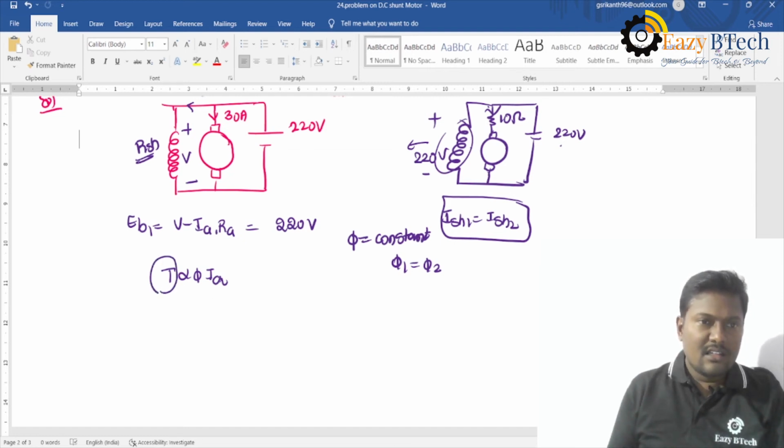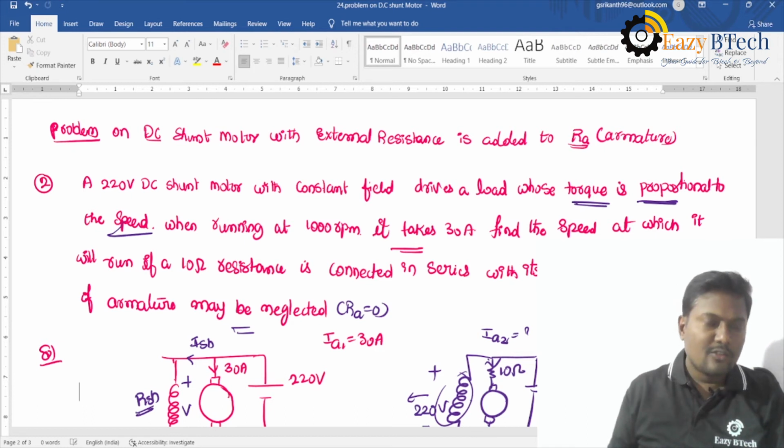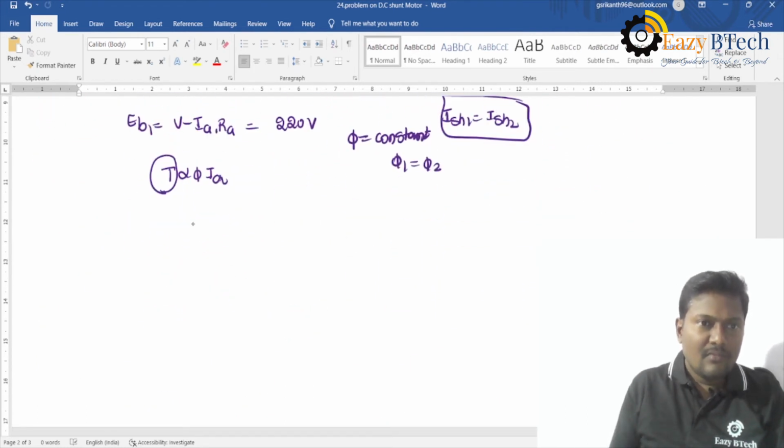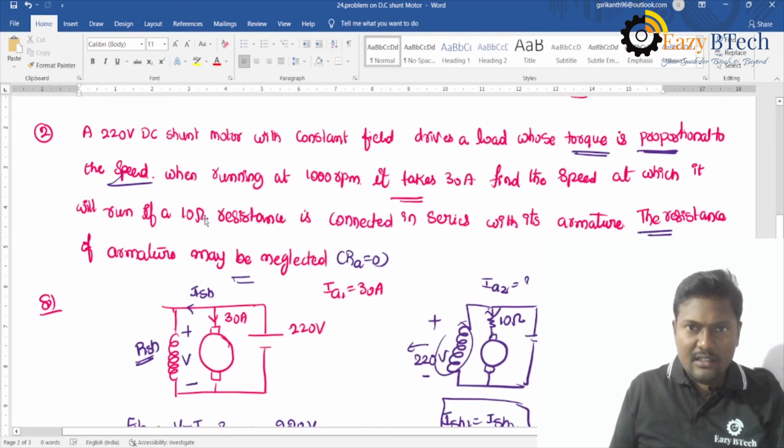It is clearly mentioned that torque is directly proportional to speed. Then I will write N is directly proportional to Ia. N1 by N2 is equal to Ia1 divided by Ia2. Under normal operating conditions N1 is given as 1000 rpm.